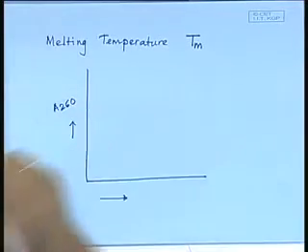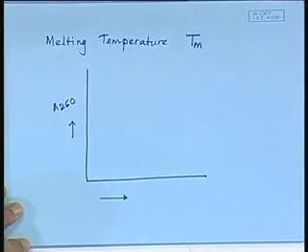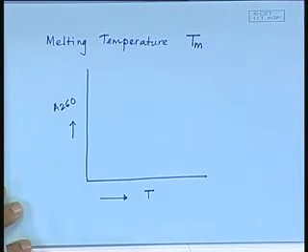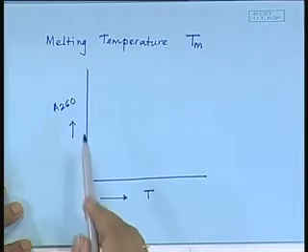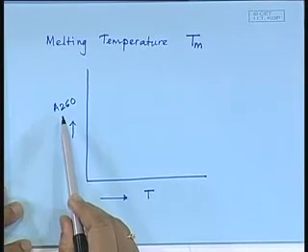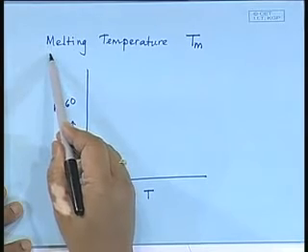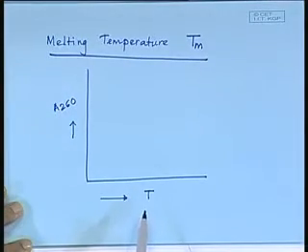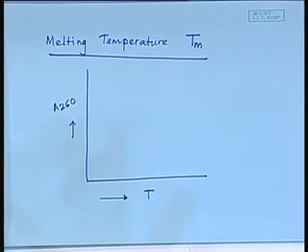260, right. This is going to be my temperature scale. I am going to monitor the absorbance with temperature. As I increase the temperature, what is going to happen to my double stranded DNA?